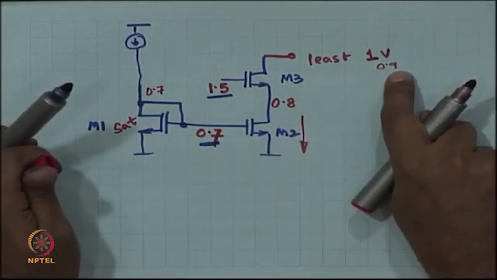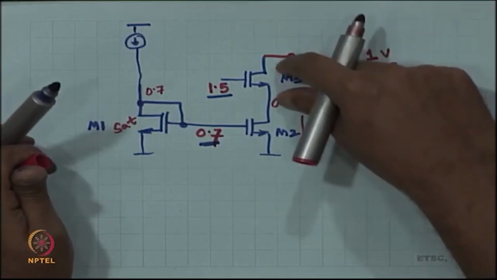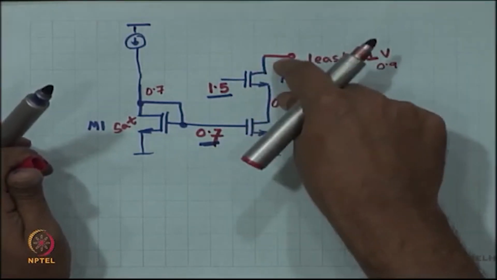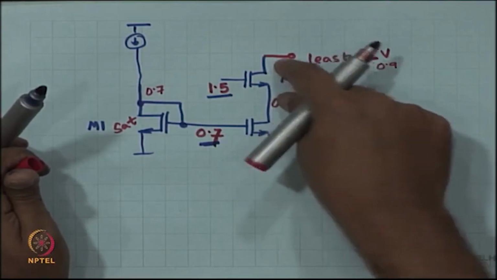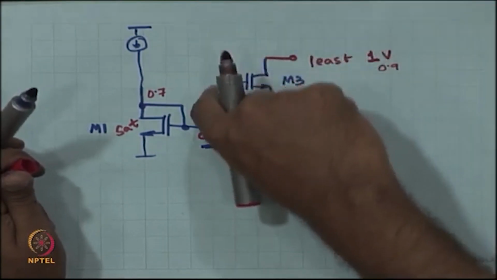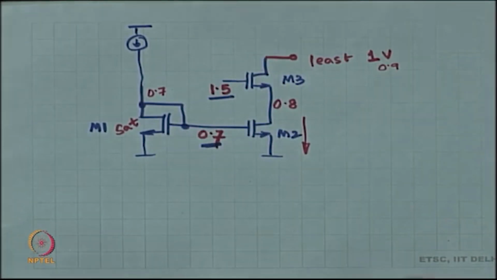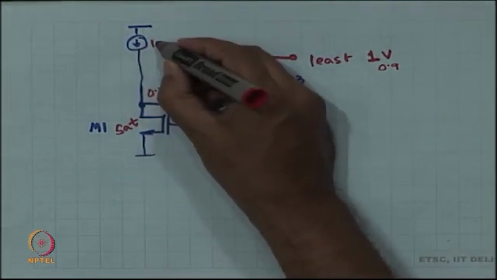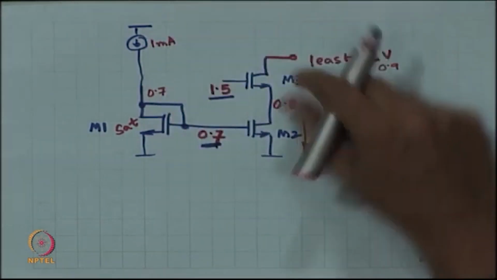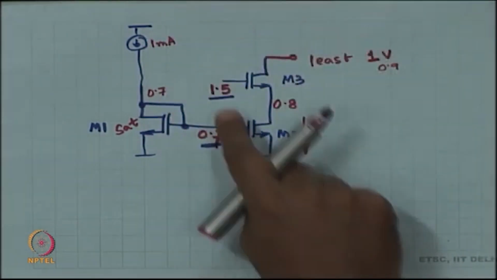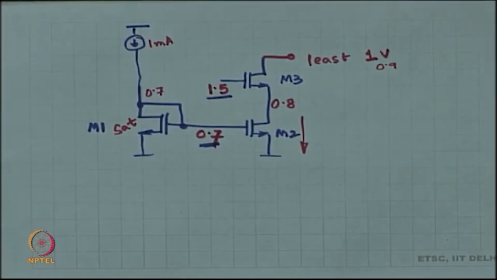When I have dropped it to 0.9, then now the VDS over here is 0.1. Okay. So, for VDS of 0.1 and VGS of so much, the current works out to something smaller than the required 1 milliampere. So, then VDS has to increase slightly, VGS has to increase slightly, right.